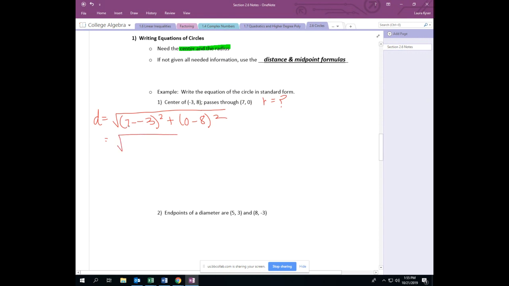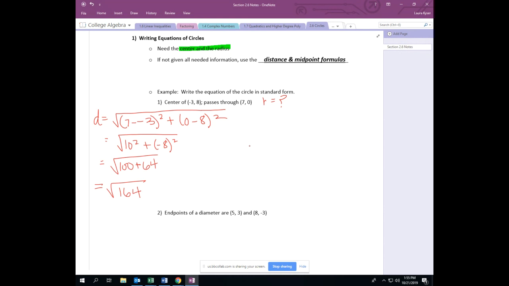7 minus negative 3 actually means 7 plus 3, so we're looking at 10 squared. And 0 minus 8 is negative 8 squared. Let's simplify. 10 squared is 100. Negative 8 squared is 64. So this is the square root of 164. Now 164 simplifies, but if they don't want you to state the radius, they just want you to use it in the formula, you don't have to spend the time simplifying it.